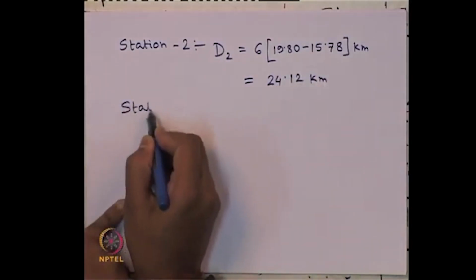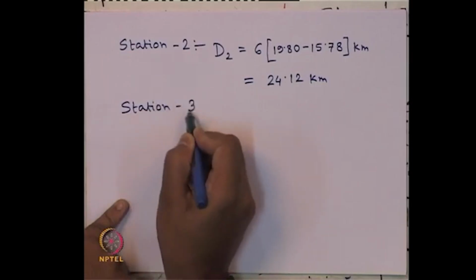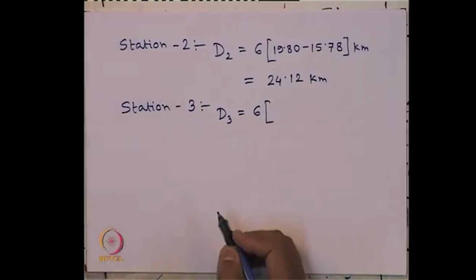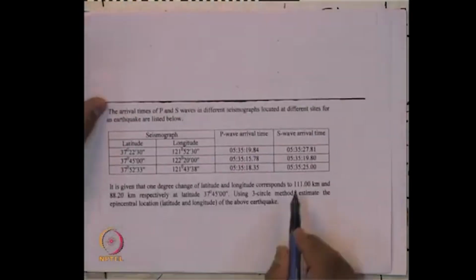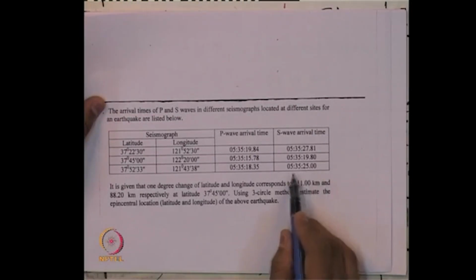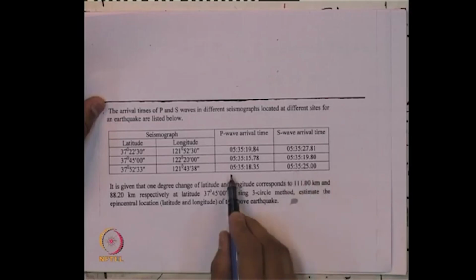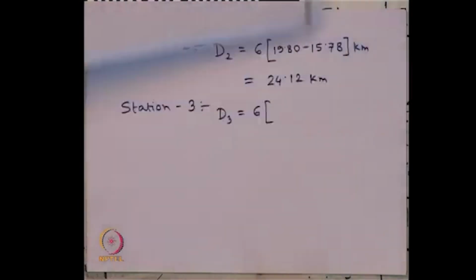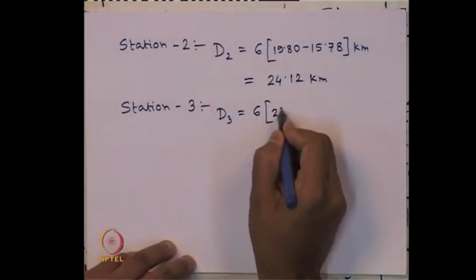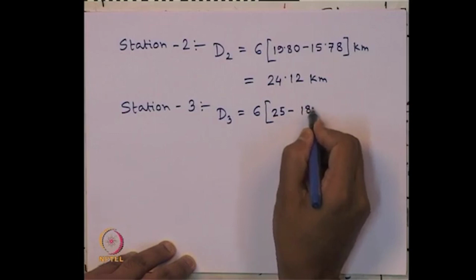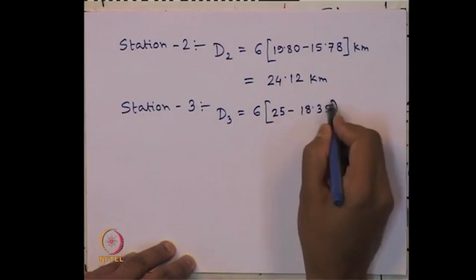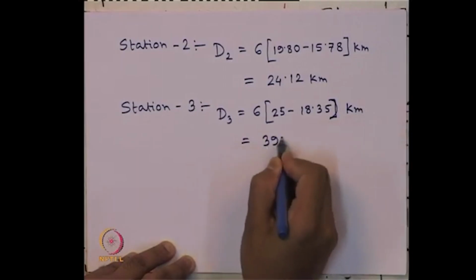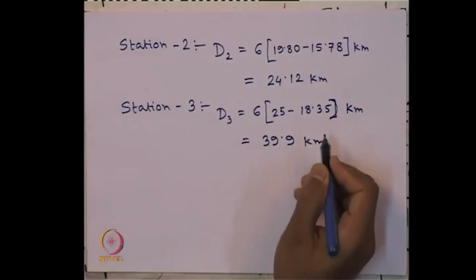If we talk about the next station, station number 3, the value of D3 comes out to be 6 times the difference of time. It is 25 seconds, same hour and minute, only the second changes, 18.35 seconds. So, it will be 25 minus 18.35 times 6 kilometer, which gives us 39.9 kilometer.